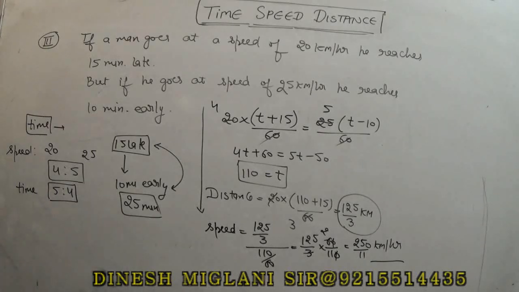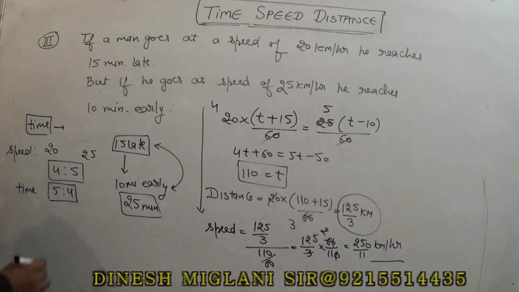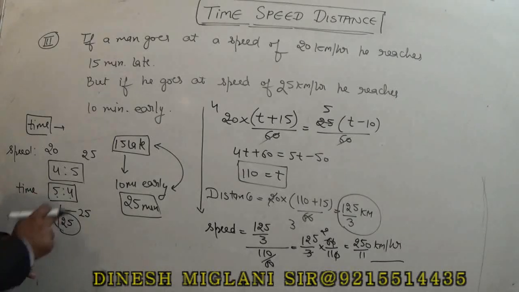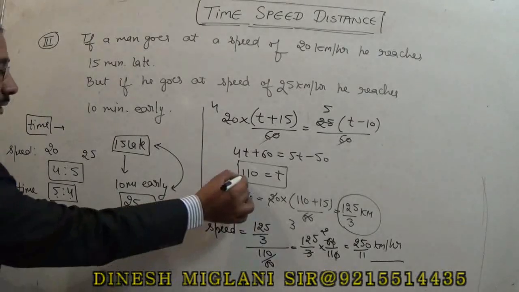Here the difference is 1, so 1 is equal to 25, so we can say 5 will be equal to 125. Means when the speed of the person was 20, he took 125 minutes. In that case, he was 15 minutes late. It means his time taken should be 110 minutes. That is the required answer.